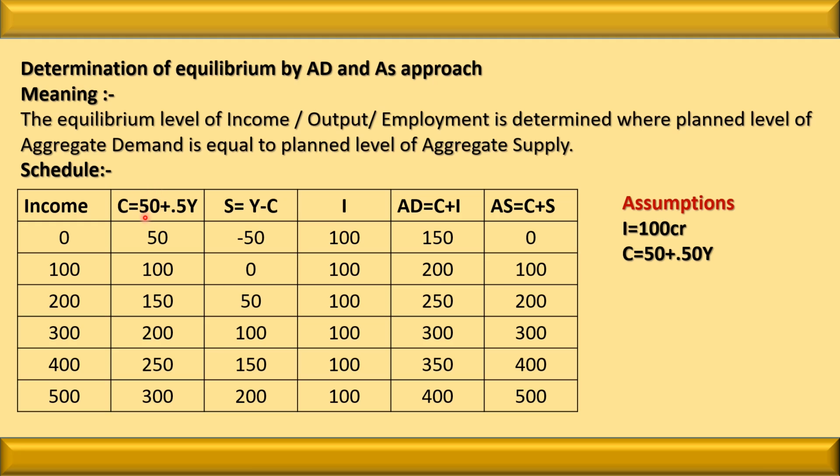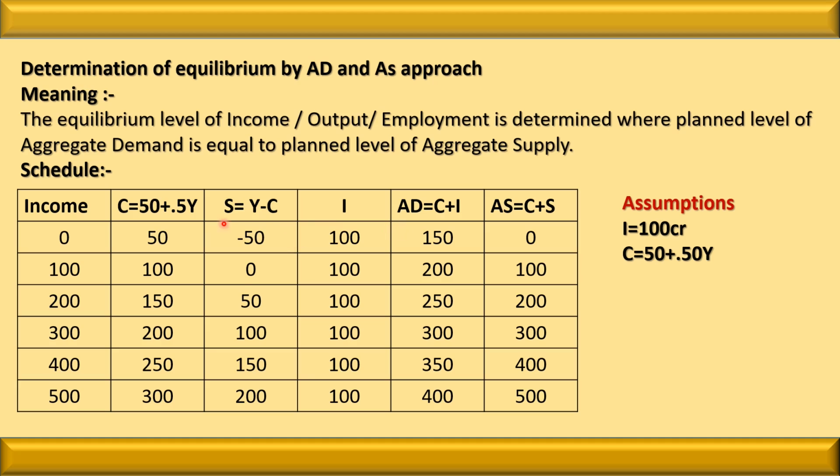So here the autonomous consumption is 50 and the induced consumption is 0.5 Y. When the income is 0, consumption is 50. Saving means income minus consumption, that is 0 minus 50, that is minus 50. Investment is 100.